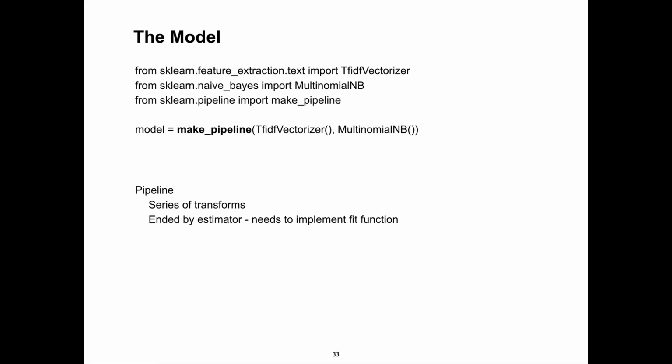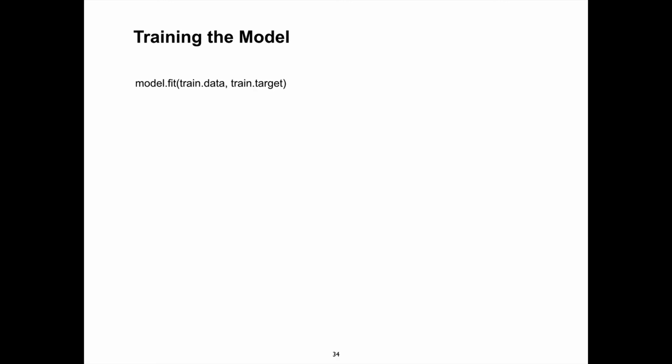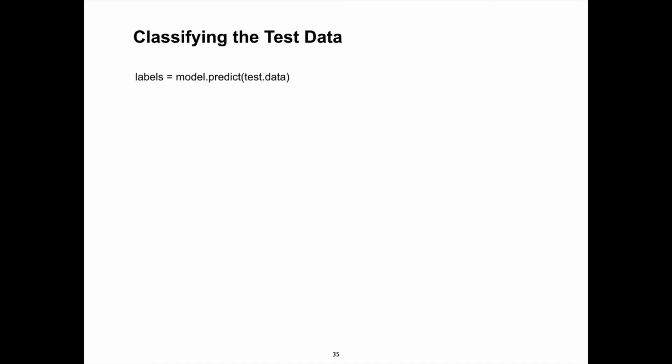The pipeline can have a series of transformations, and at the end it has to have what they call an estimator, which means it has a fit function, which will spit out a model. And so training the model is just that. We need the data and we need the targets.